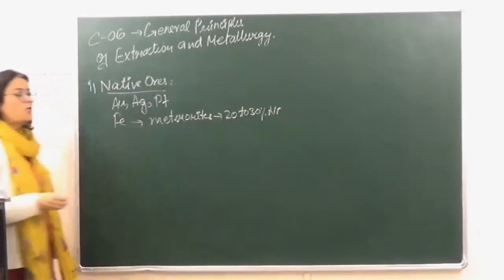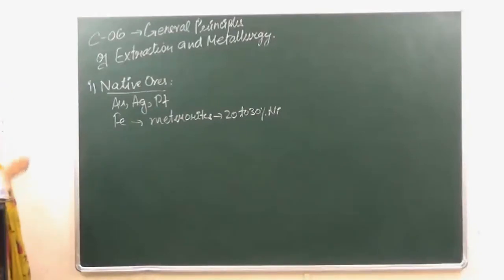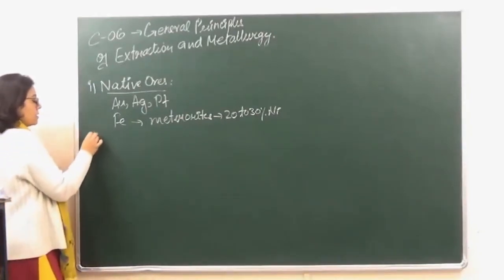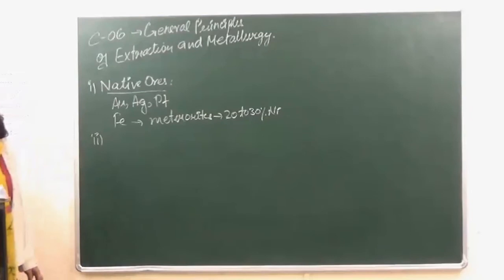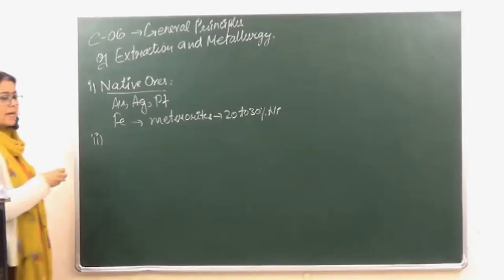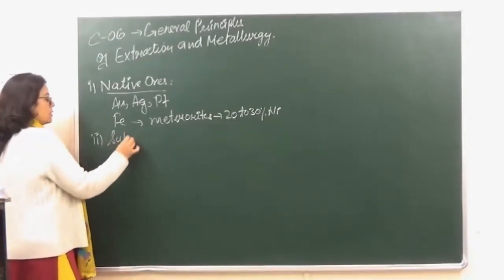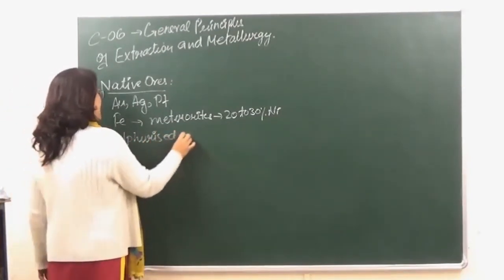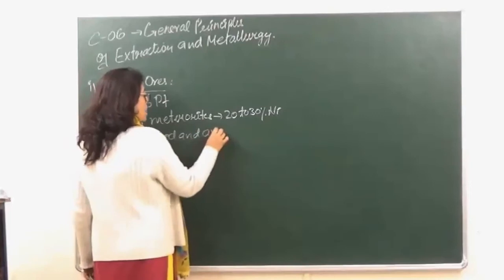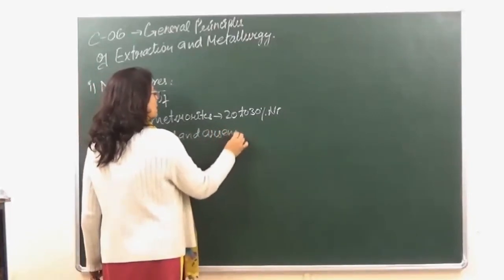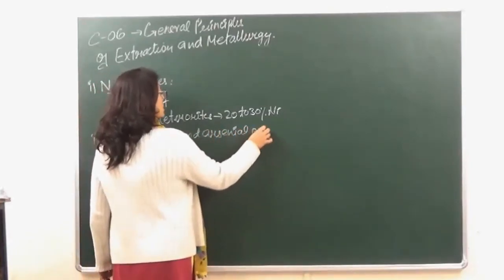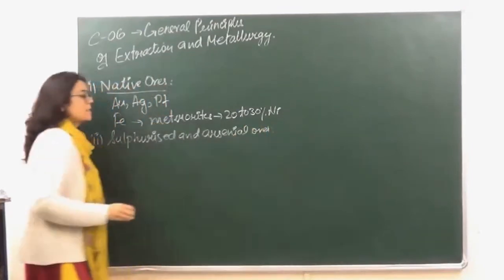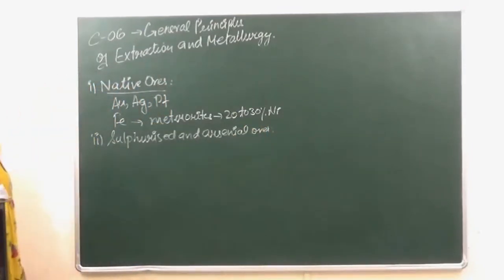The second type of ores which we have are known as sulfurized and arsenide ores. Now these ores are present in the form of sulfide ores, right?